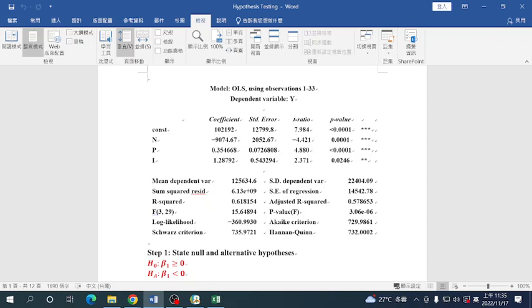Then step number 4 is the conclusion, the decision rule. For the critical value approach, just compare the test statistic with 2.92.